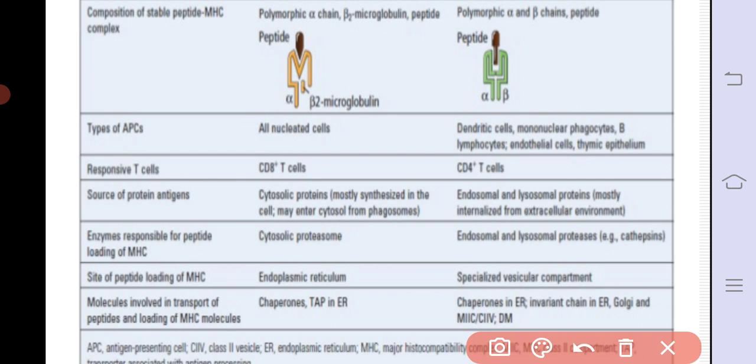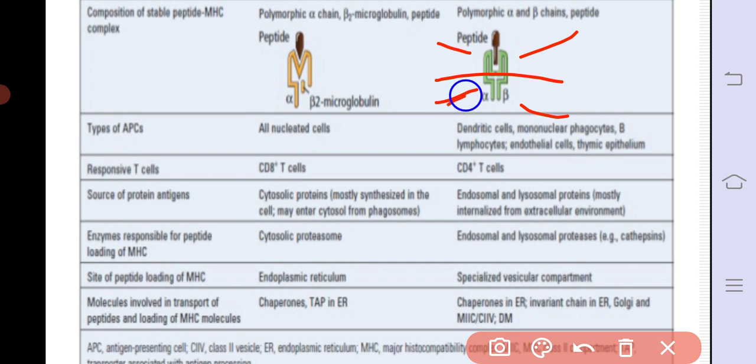The MHC class II molecule is made up of two chains, an alpha chain and a beta chain. The alpha chain is further made up of two domains, alpha 1 and alpha 2. This is alpha 1 and this is alpha 2. The beta chain is made up of two domains, beta 1 and beta 2.